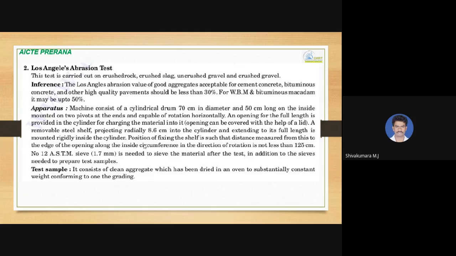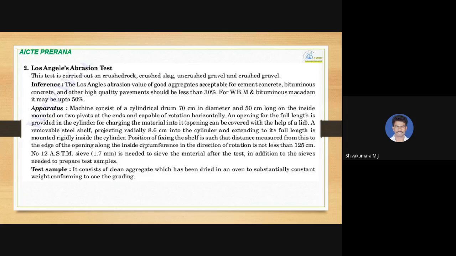Here the inference: the Los Angeles abrasion value for good aggregates acceptable for cement concrete, bituminous concrete and other high quality pavement materials should be less than 30%. And for water bound macadam and bituminous macadam roads, it can be up to 50%, the acceptable limit.